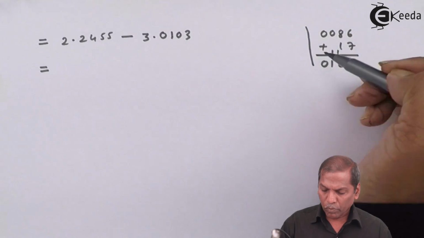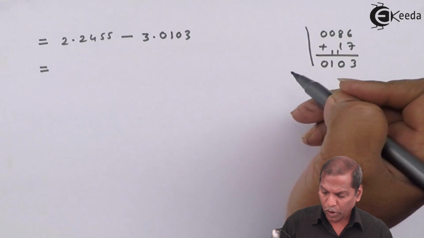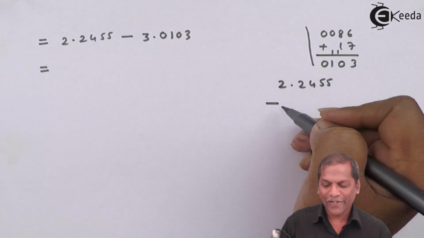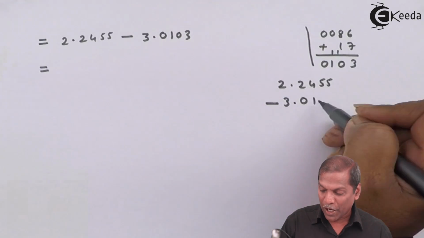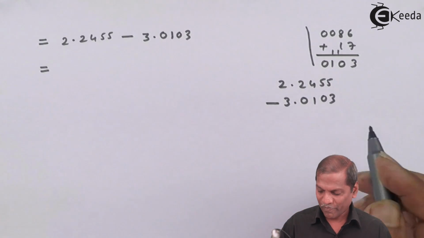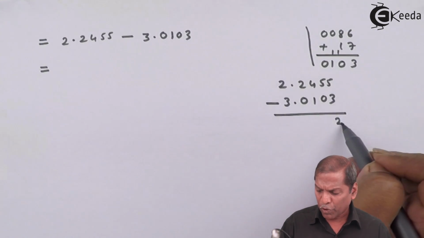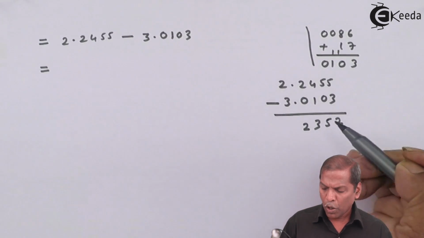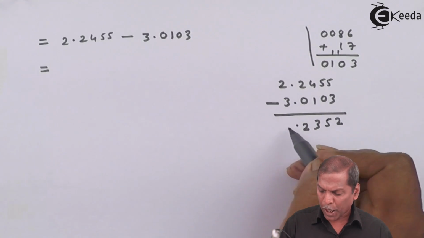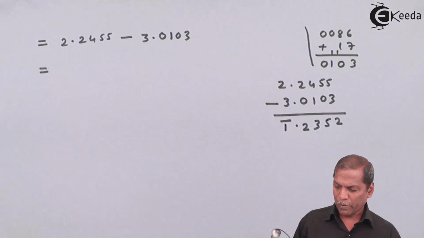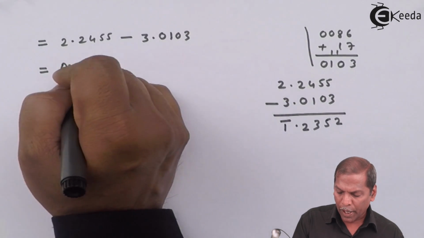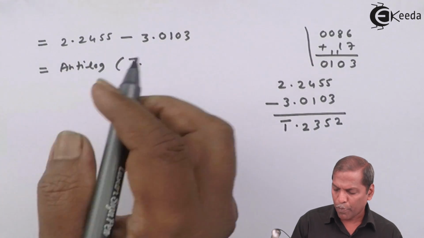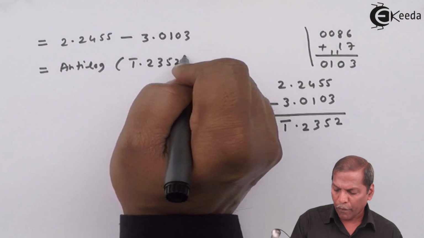Now we have to go for subtraction. That is 2.2455 minus 3.0103. So 5 minus 3 gives 2, 5 minus 0 is 5, 4 minus 1 is 3, 2 minus 0 is 2. Now 2 minus 3 gives minus 1, which can be written as bar 1. So antilog of bar 1.2352.